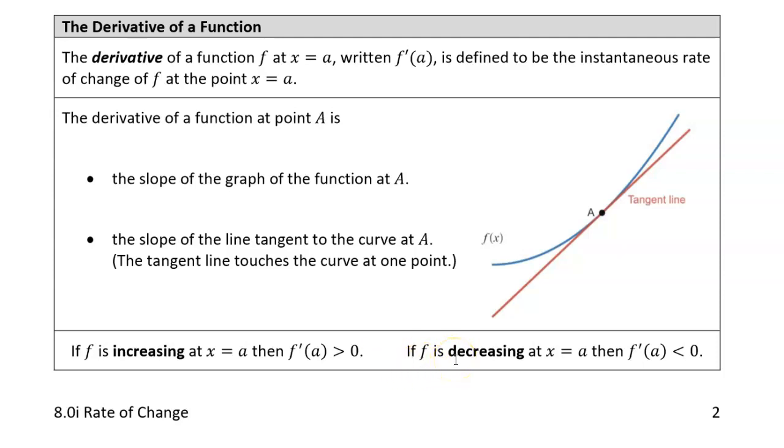And if f is decreasing, then the derivative will be negative at that point, which means the value of the function decreases as you increase the independent variable x. So the slope is negative, which means the derivative is negative.